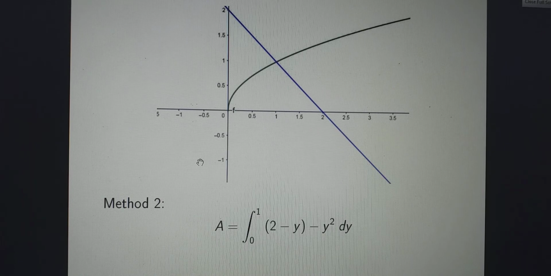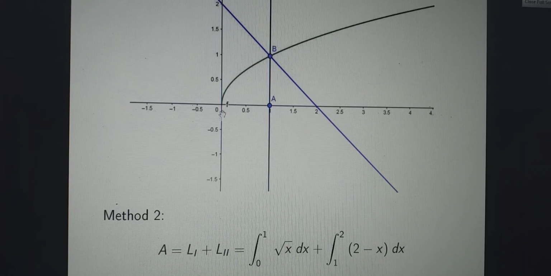Okay, now we use the x orientation. We see the region D is bounded by this, and also this.